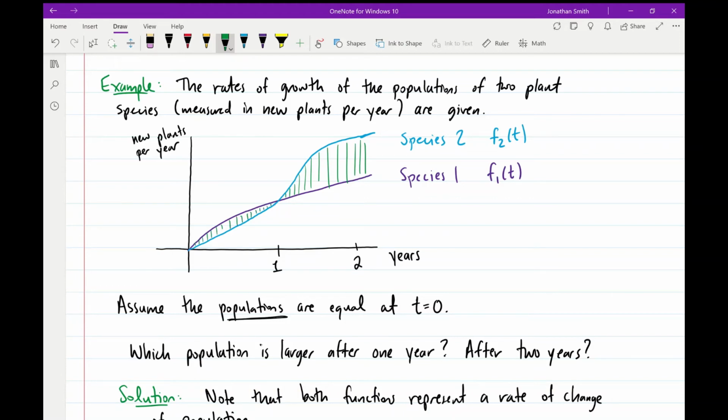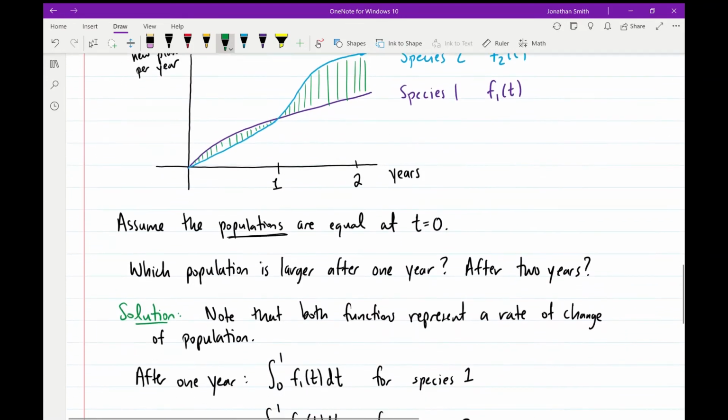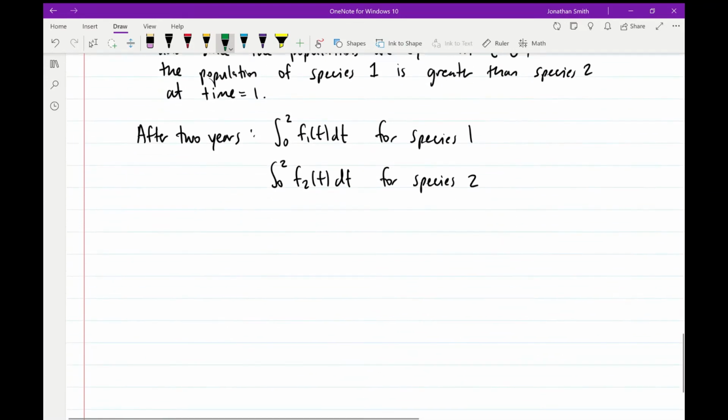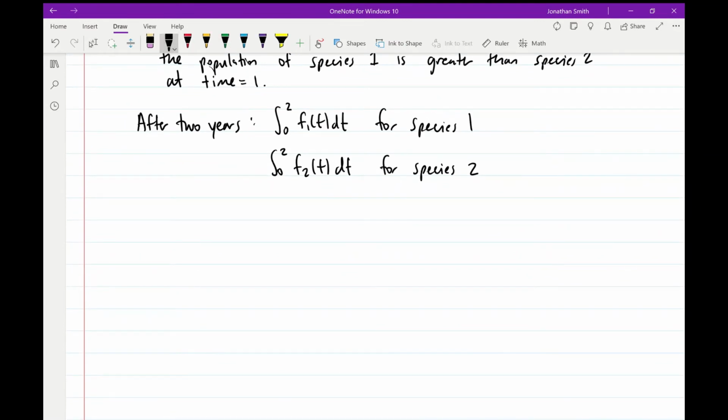So if I look at from 0 to 2, now the area under the species 2 curve is going to be bigger than the area under the species 1 curve. So I'll write that down. The definite integral from 0 to 2 of species 2 now is bigger than the definite integral from 0 to 2 of species 1.